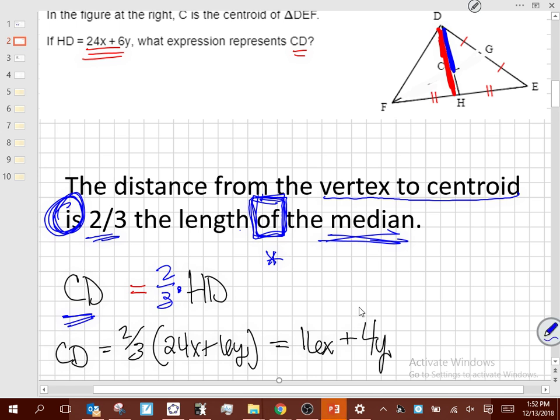Is that okay with everybody? So we're all good with multiplying by fractions? 2/3 times 24? All right.